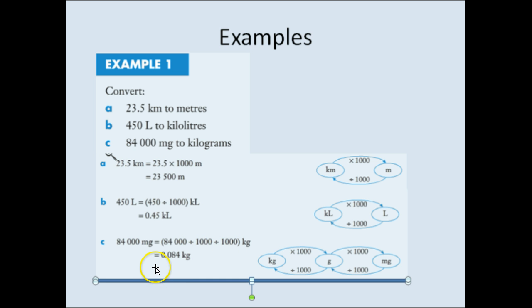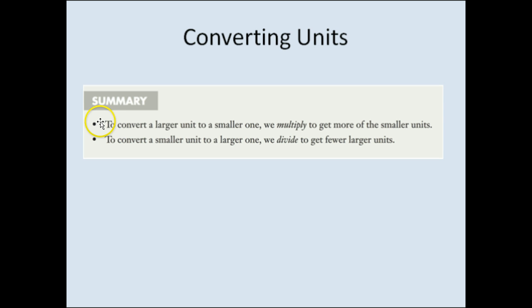Plug that into my calculator, and I should get 84 kilograms. Make sure you write in your units. That's a really key part of this topic, and people do lose marks if they don't have the measurements in there. So just a quick reminder, to convert larger units to smaller ones we multiply, and to convert smaller units to large ones we divide.